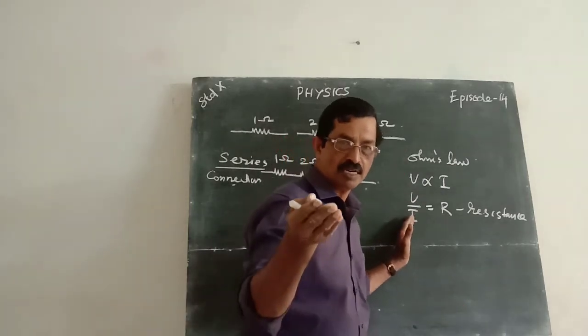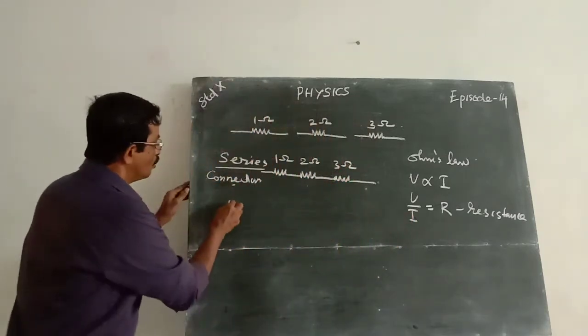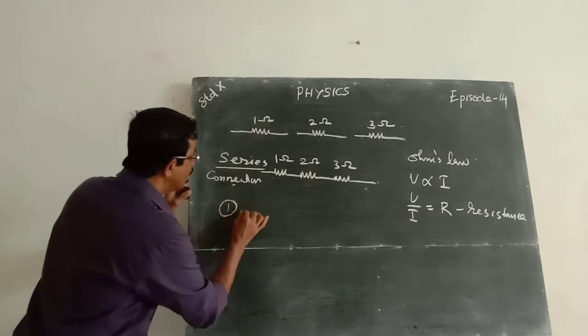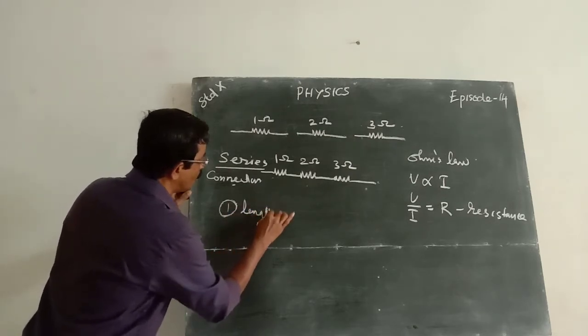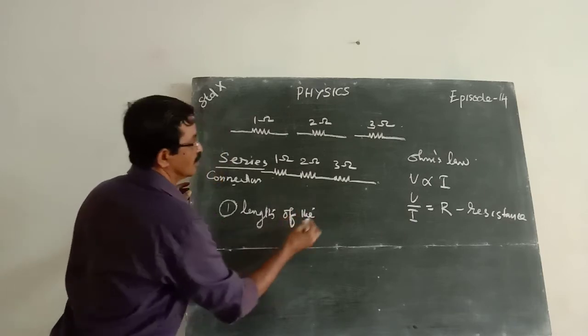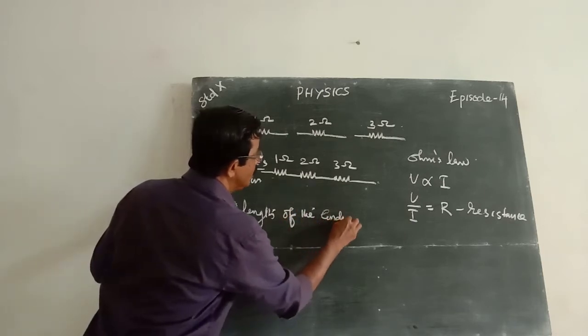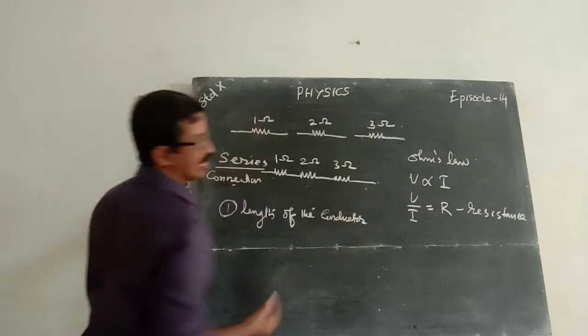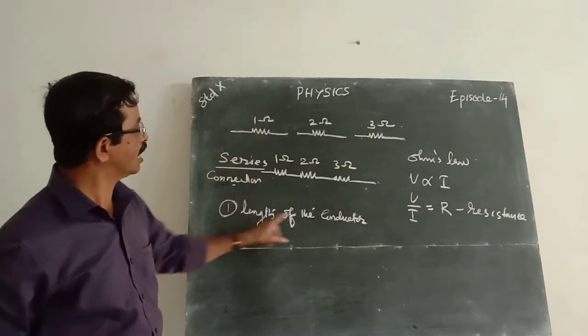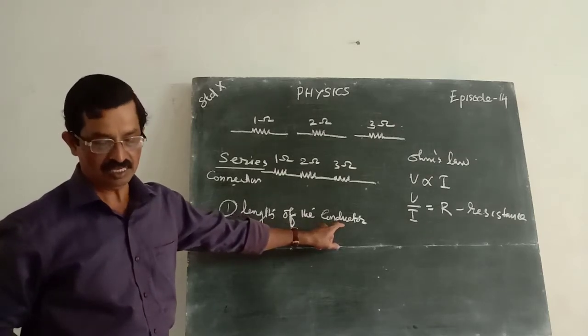Okay. Can you say? From that, one is the length of the conductor. One factor is the length of the conductor.